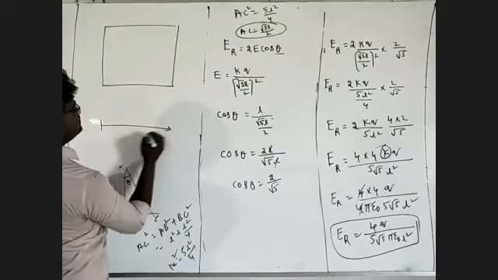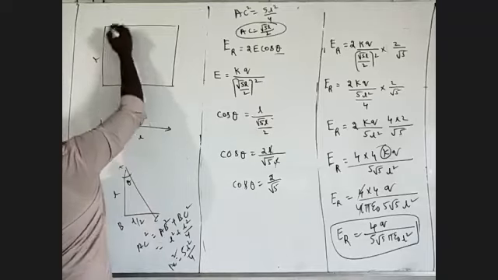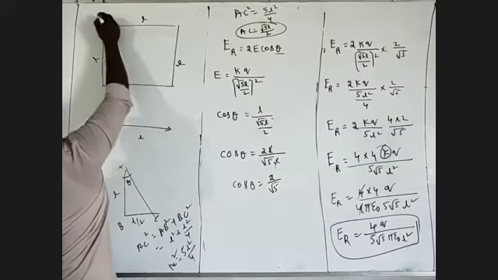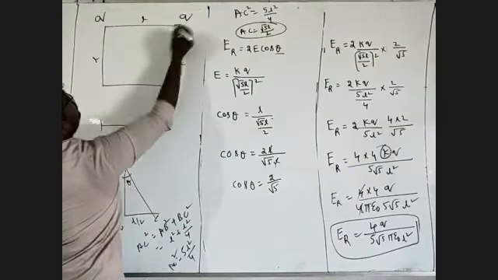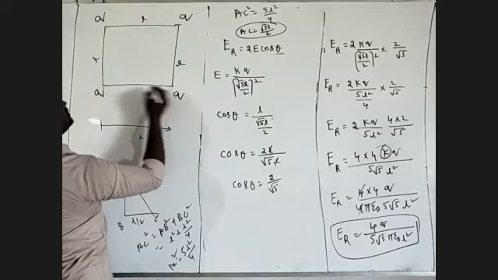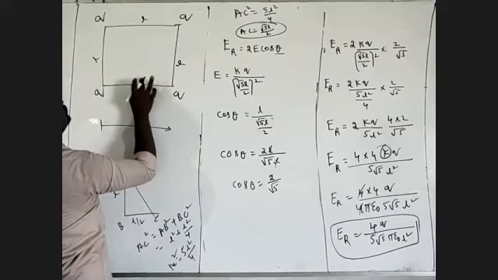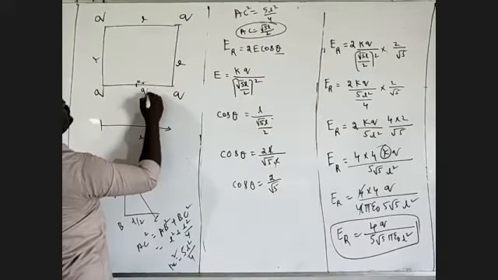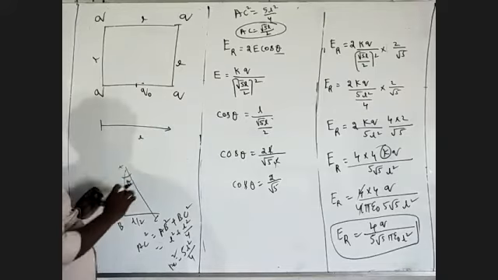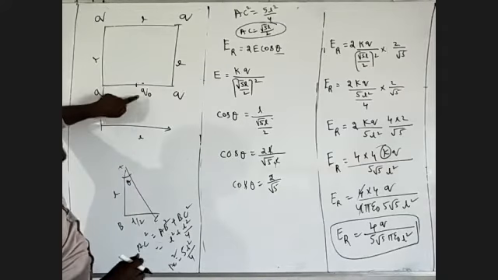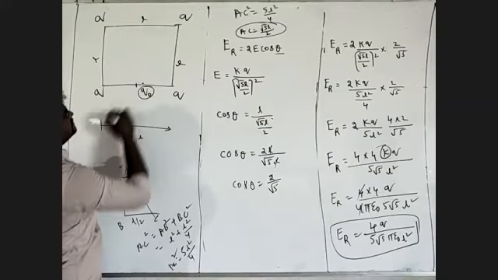Distance between the charges is L. This is Q, this is also Q, this is one more Q, this is Q, and this is Q naught. We are calculating the resultant force acting at this point.